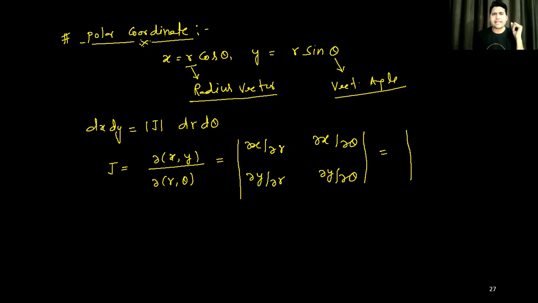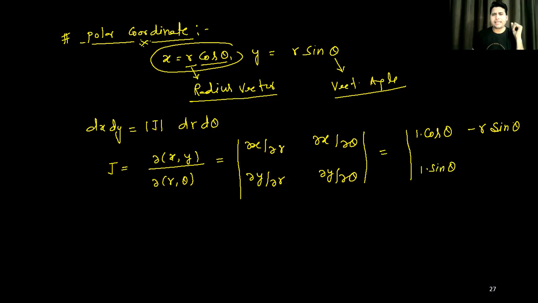The partial derivative of x with respect to r, that is cos theta, theta being constant, so 1 into cos theta. Now x with respect to r is done, x with respect to theta: r is constant and the derivative of cos theta is minus sin theta. Now y with respect to r, so 1 into sin theta.